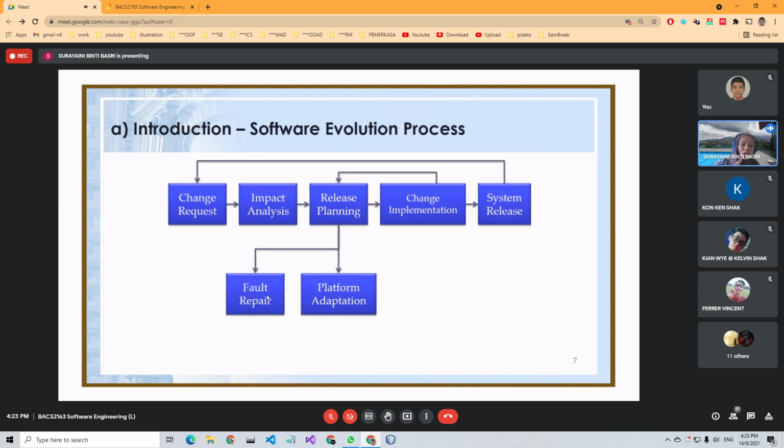Maybe previously our system is just a website that can be accessed through a browser on our desktop, but the client demands that it can also be accessed from a mobile browser.